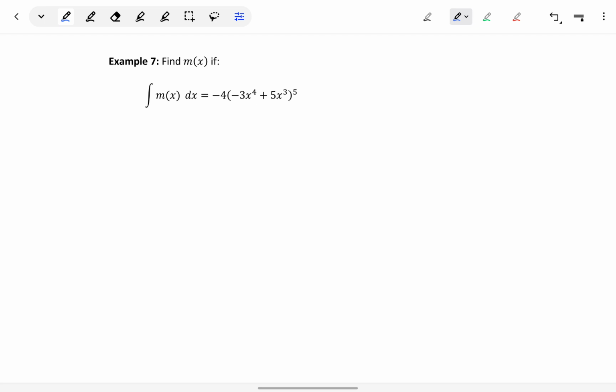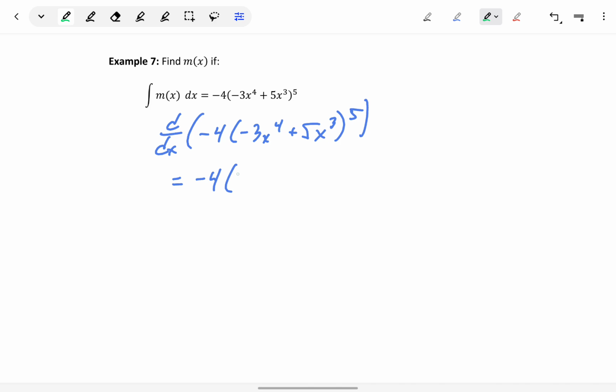And then in our last example, we've got an application of the chain rule. In order to find the original function m of x that we would have to integrate to get this result, we'll take d over dx of negative 4 times negative 3x to the 4th plus 5x cubed to the 5th power, which will give us negative 4 times 5 times negative 3x to the 4th plus 5x cubed raised to the 4th power times the derivative of that interior function.